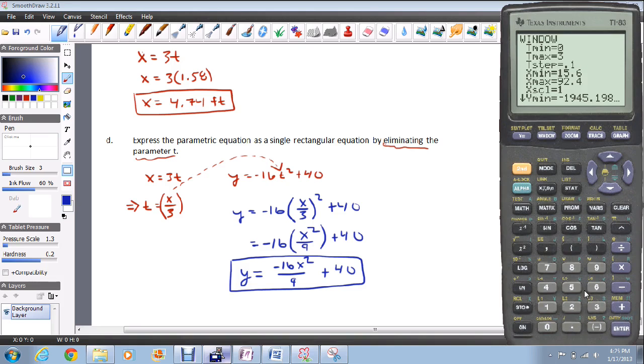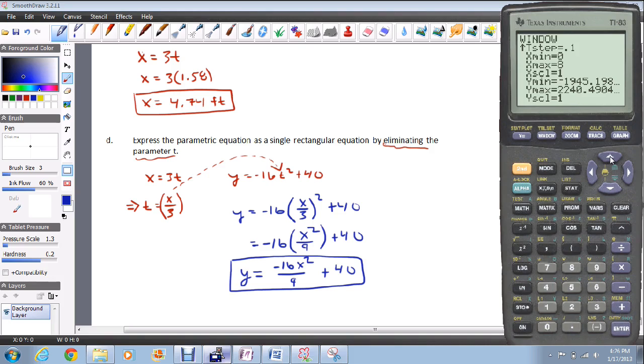My X min, I'm going to set to 0, so that's right at the ledge of the patio. My X max, not going to go very far. We said it only went 4.74 feet, so I'll change that to 8, plenty. And let's change the Y min and max.